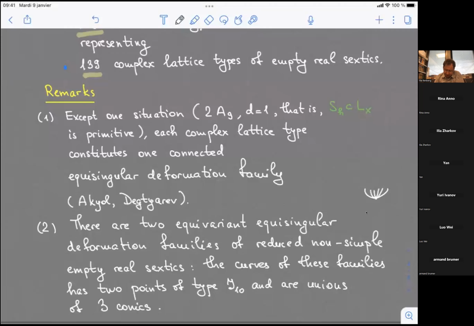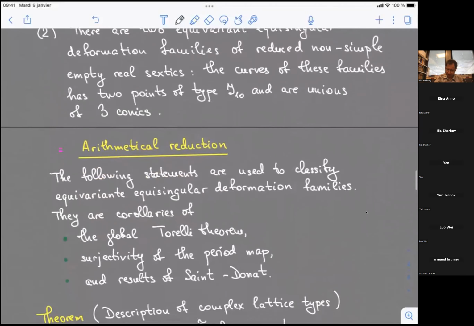It's easy to show that this is the only possibility in the case of reduced non-simple empty real sextics, and that there are only two equivariant equisingular deformation classes. They are as follows. For each such sextic we have three conics. One of these conics is real, and the two others are either real or complex conjugates. So this gives two deformation families.